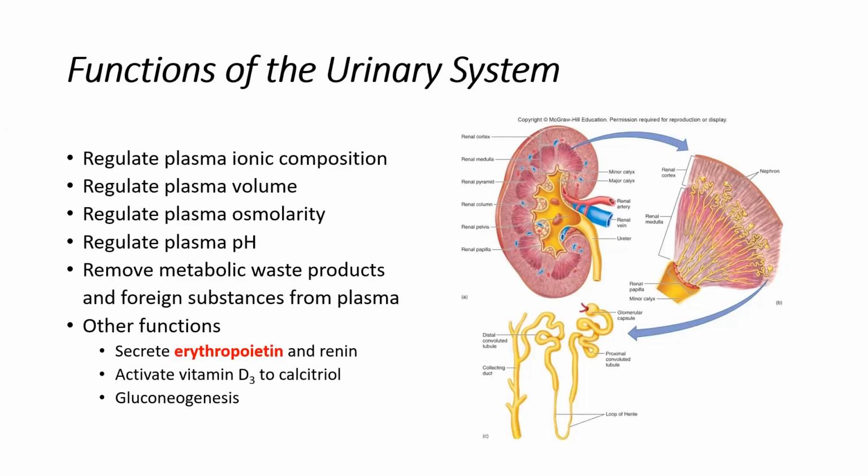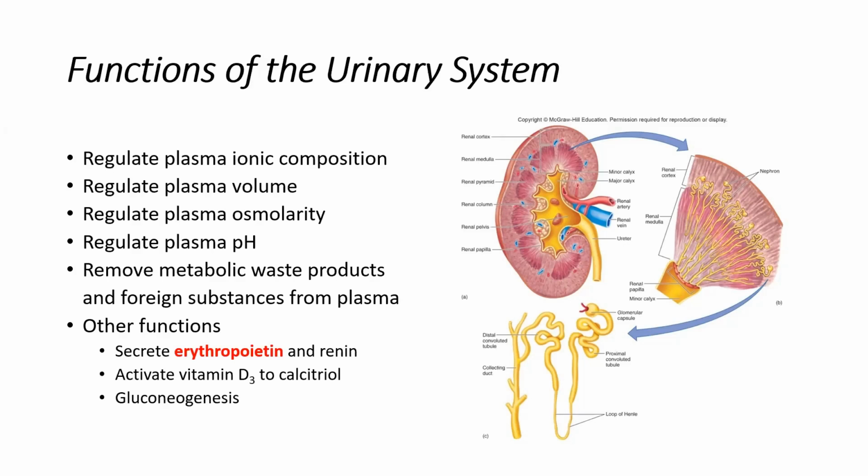The kidneys also regulate plasma pH, the alkalinity and acidity of our plasma, through bicarbonate ions and hydrogen ions regulated by the tubular structures, and the removal of metabolic waste products, nitrogen and urea, produced from breaking down things like proteins that come in from our diet.